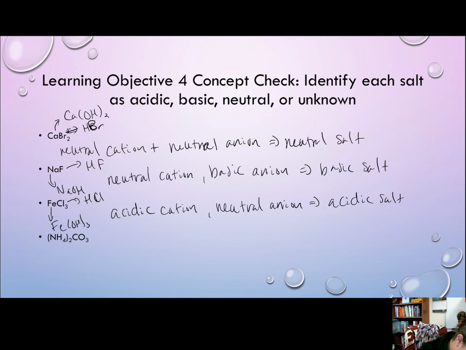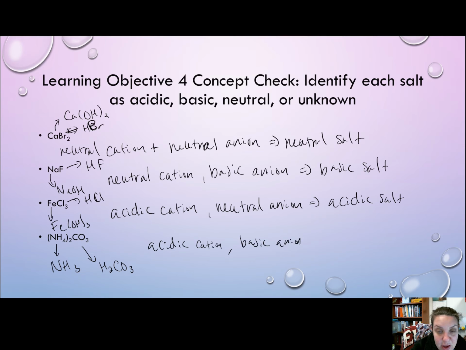Last one, NH4 and Cl came from NH3. CO3 came from H2CO3. So these are both weak. So we have an acidic cation, basic anion. So it would really just depend on Ka and Kb.